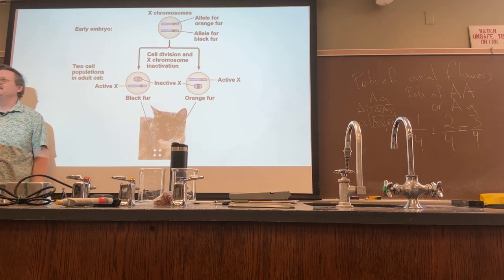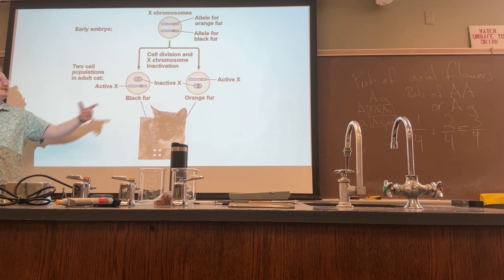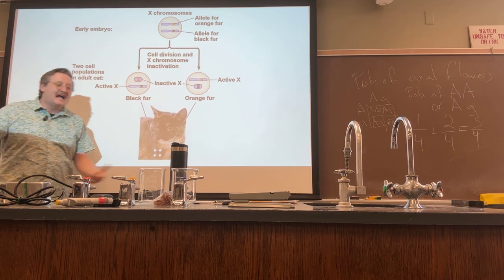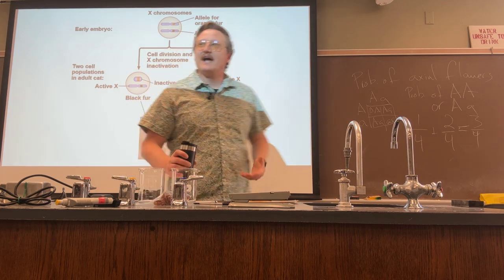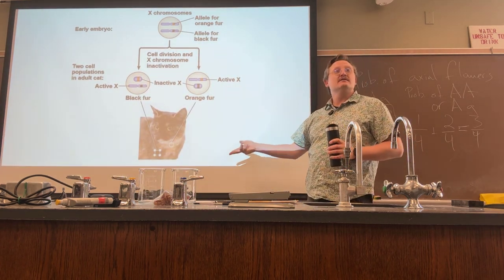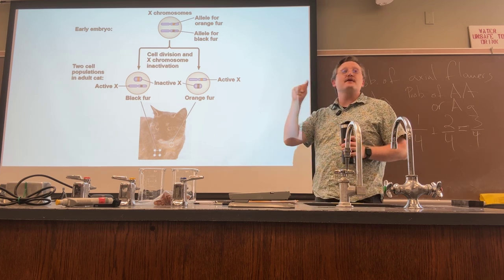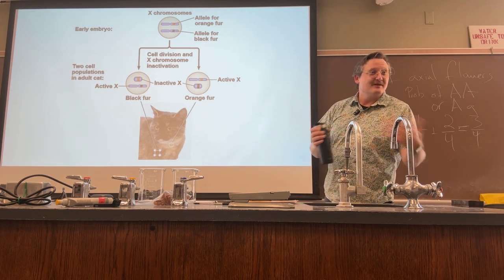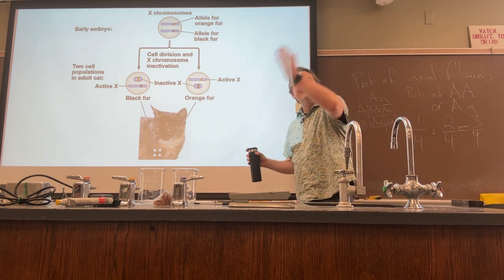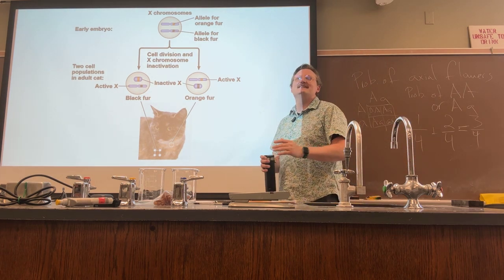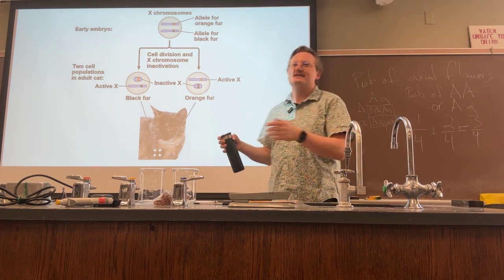Whereas in other patches of the skin, the chromosome that encodes orange fur has been inactivated, and the chromosome for black fur remains active. So this cat here is a mosaic for the phenotype of fur coloration because that gene is on the X chromosome, and one of those X chromosomes needs to be inactivated. Otherwise, you end up with excess gene product.